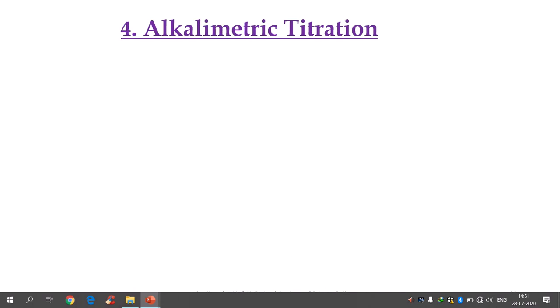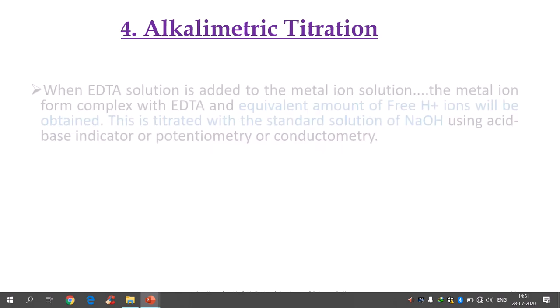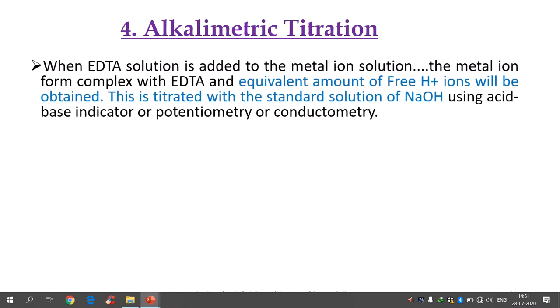And the last type is alkalimetric titration. Here the EDTA solution is added to the metal ion solution, and the metal ion forms a complex with EDTA, and we know that an equivalent amount of hydrogen ions is obtained in the solution. So this hydrogen ion forms the basis of the alkalimetric titration.